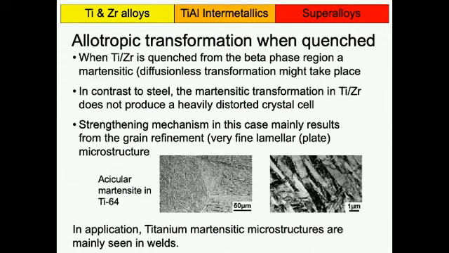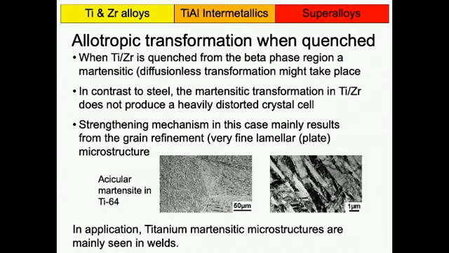Where you might see this kind of microstructure is in welds, because in welds you might achieve very high cooling rates as you have a very small hot region and a large heat sink. But otherwise, it's because of the diffusionless phase transformation. This is a TEM image here. You can see you get very, very fine microstructures in this kind of nanostructured material.